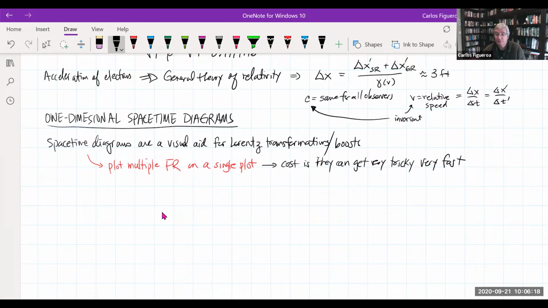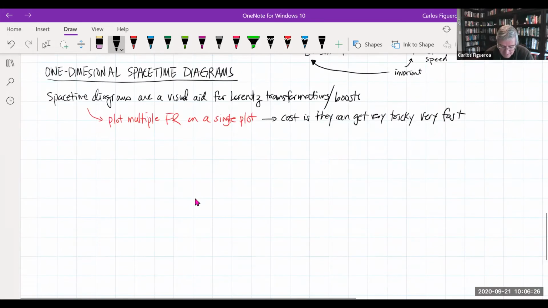Sometimes it's useful, but it's not worth it because otherwise you spend a lot of time trying to decipher what that is. And the bottom line is this: we're only interested in one thing in this course, and that's the physics. If the space-time diagrams help with the physics, then we plot them. If they're confusing the issue, we don't plot them. That's simple. I only care about the physics.